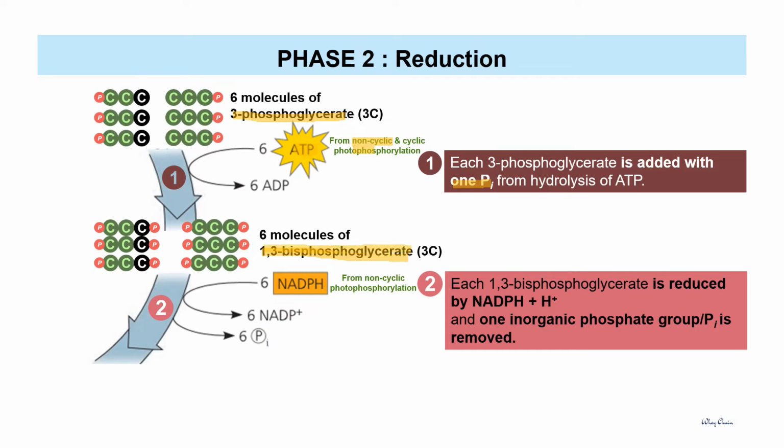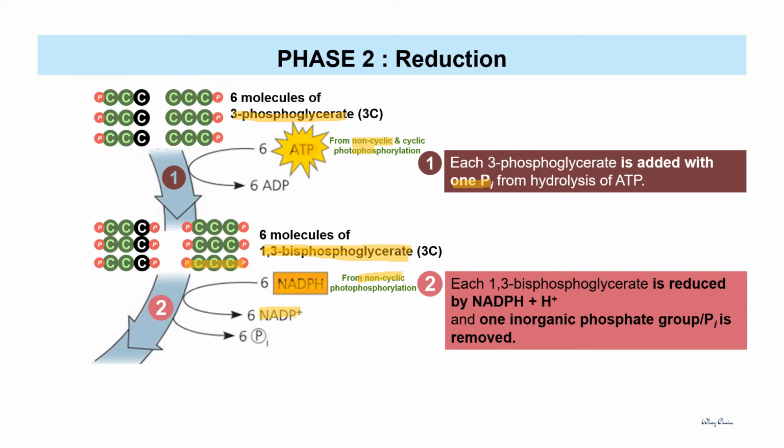The next step is the reduction step, which means each 1,3-bisphosphoglycerate is reduced by the reducing agent in photosynthesis, which is NADPH. It is another product produced from non-cyclic photophosphorylation. So, NADPH will donate hydrogen ions and electrons to the substrate 1,3-bisphosphoglycerate and become NADP+.